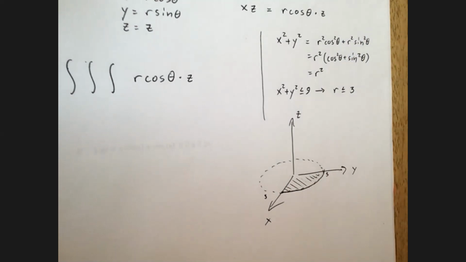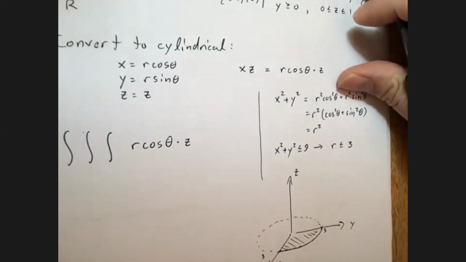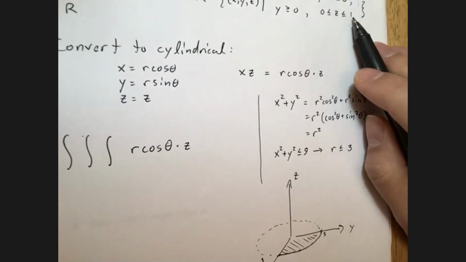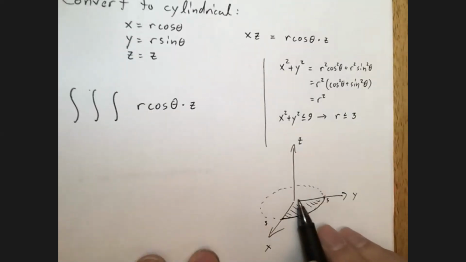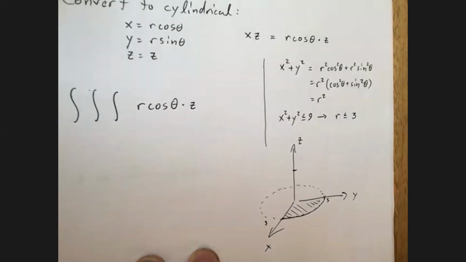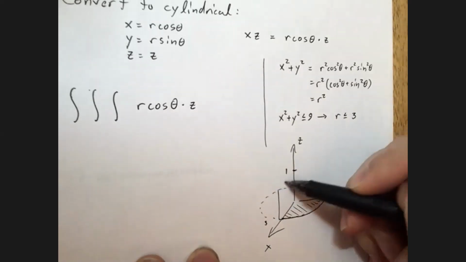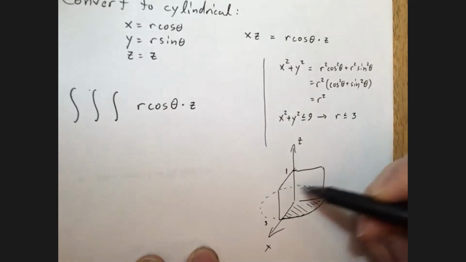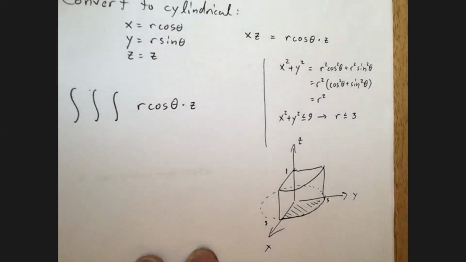And then finally, z is going from 0 to 1. So we're going to start down here at 0, and we're going to go up to 1 on the z-axis. Right, so just lift all that up. This is the region that we're dealing with.